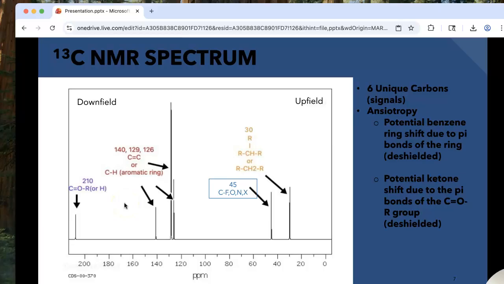They were more deshielded, and it could indicate a potential benzene ring or a various collection of different compounds with an alkene group. But they are more deshielded, as I said earlier.